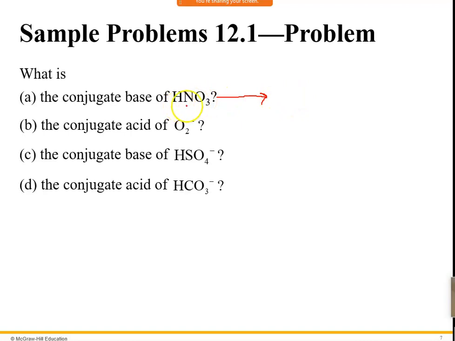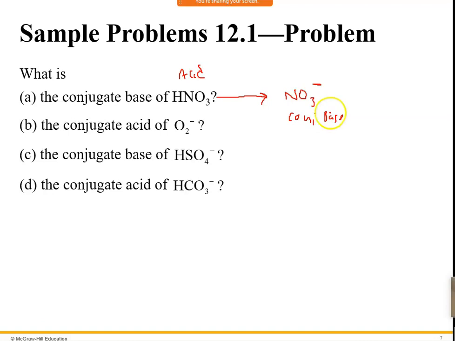It donates its hydrogen away, so its conjugate base would be NO3 with a minus charge. Does that make sense? This is the acid form, and this would be our conjugate base form.